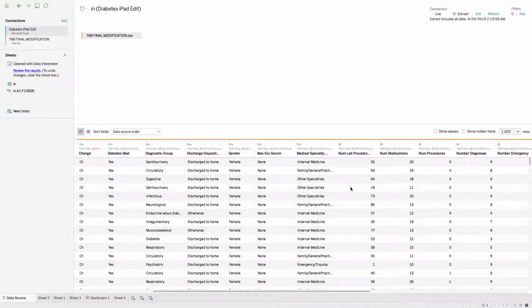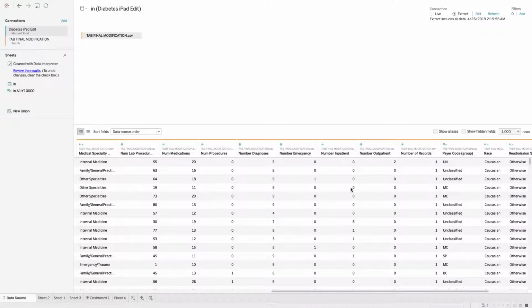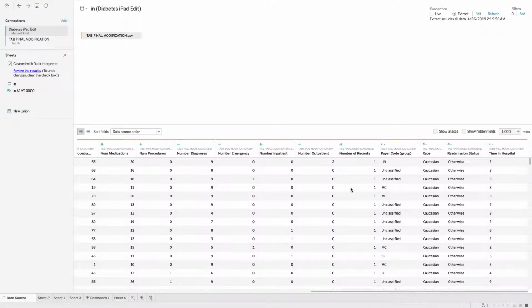I also simplified and grouped them. And the readmissions, it was 0 and 1, and I changed it to readmitted or otherwise, based on readmissions being less than 30 days after the last discharge, and otherwise more than 30 days.